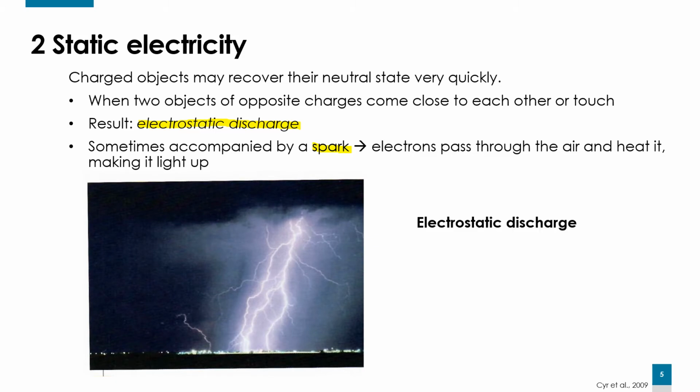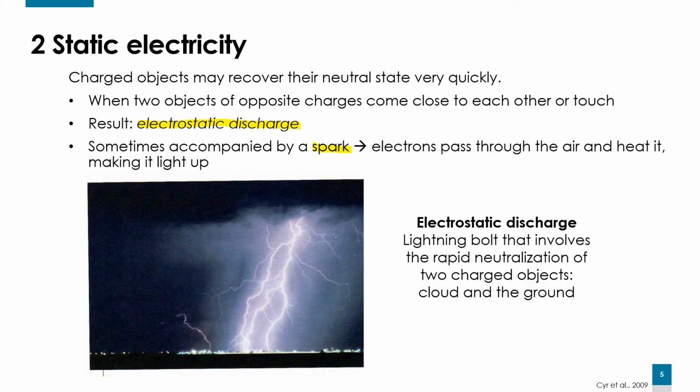So electrons pass through the air and hit it, making it light up. This is what happens, for example, when you have a storm. The lightning bolt involves the rapid neutralization of two charged objects, the cloud and the ground.